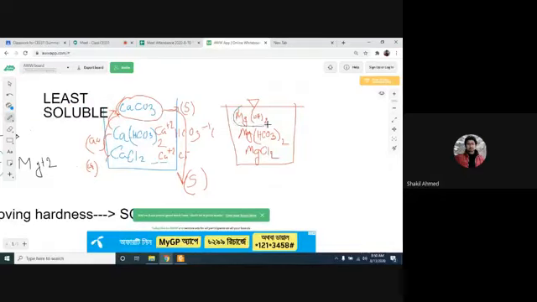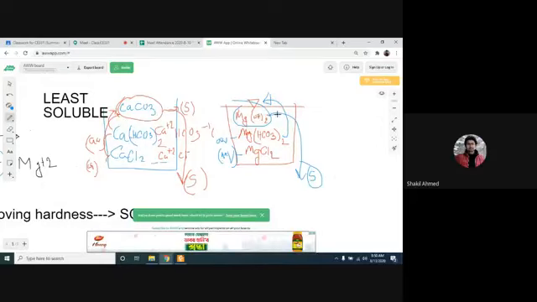This one, magnesium hydroxide. That means this precipitates as a solid. If you have this form of magnesium in your water, that is basically dissolved form. Now, if in any way you can convert this magnesium bicarbonate to magnesium hydroxide, then it will be precipitated.